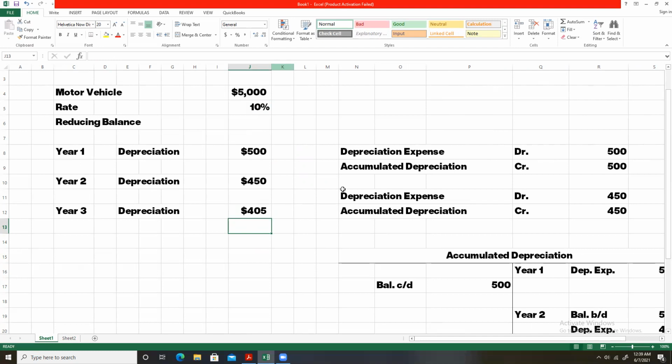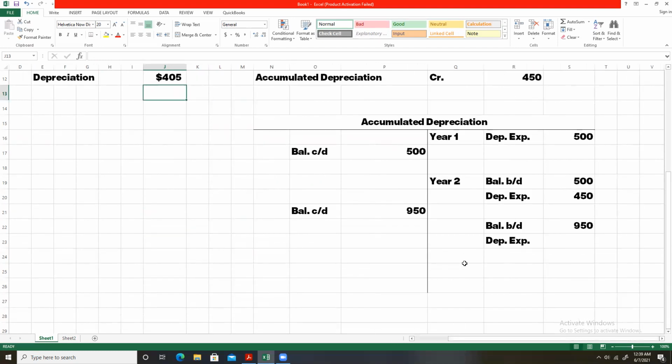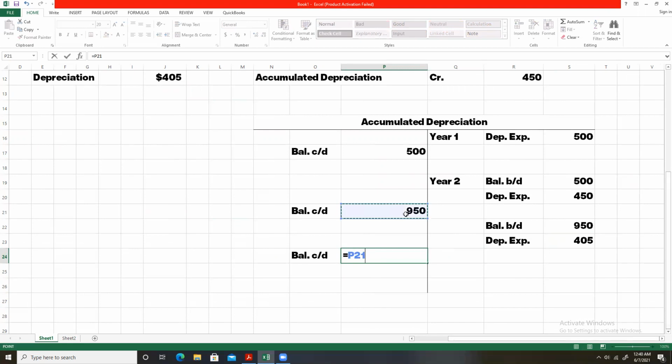That will give us a depreciation of $405 in the third year. So now the balance on the accumulated depreciation is 1,355.